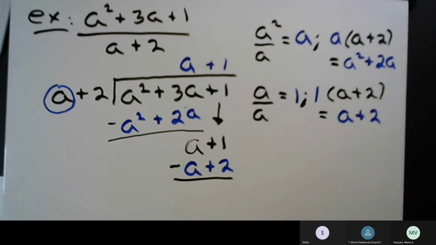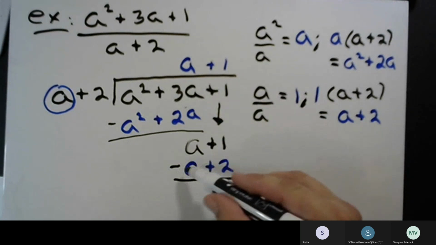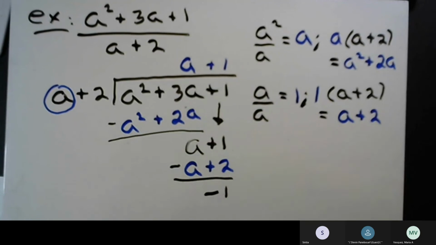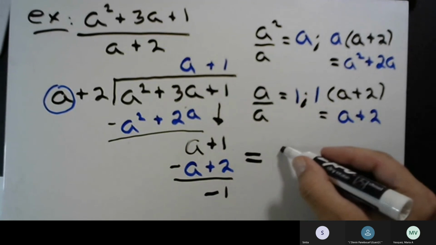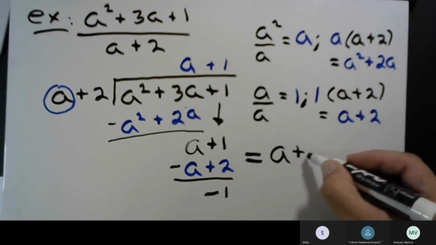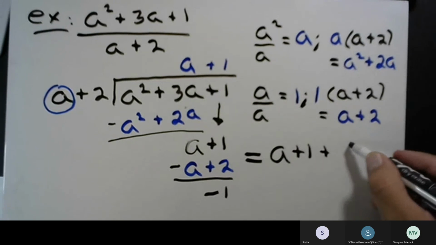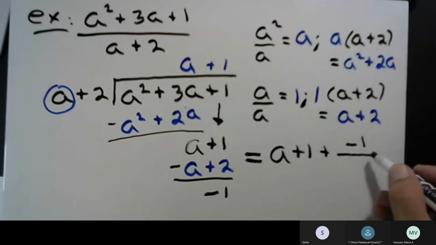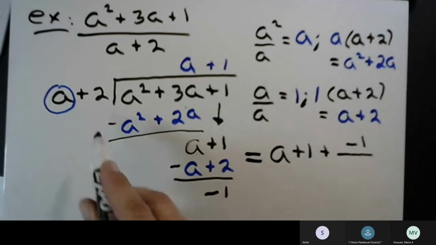So now we're going to subtract. a minus a is 0. 1 minus 2 is negative 1. So we're going to get a remainder. And there's nothing else to bring down. So we're done with our long division. So the answer to all this will be a plus 1 plus, and then we take the remainder divided by the entire divisor.